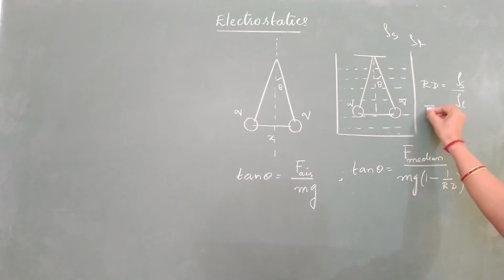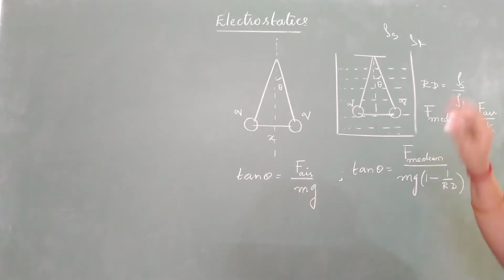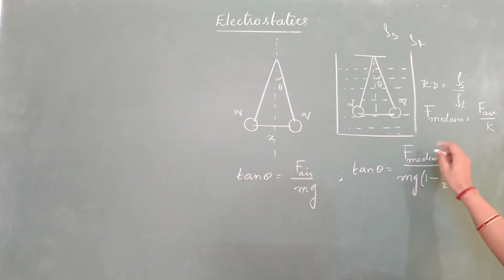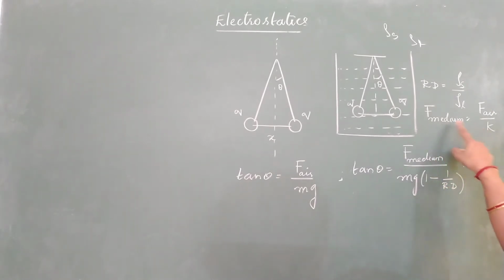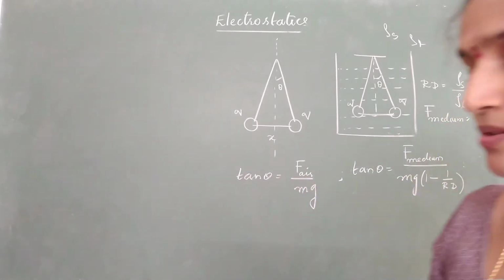And force in the presence of a dielectric constant k is force in air divided by k. While writing Coulomb's force we have already discussed, if the dielectric constant is k, then force decreases by k times. So when you put these two conditions in this and equate tan theta, what will you get?